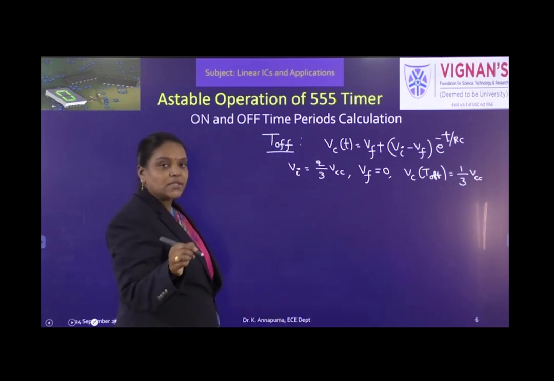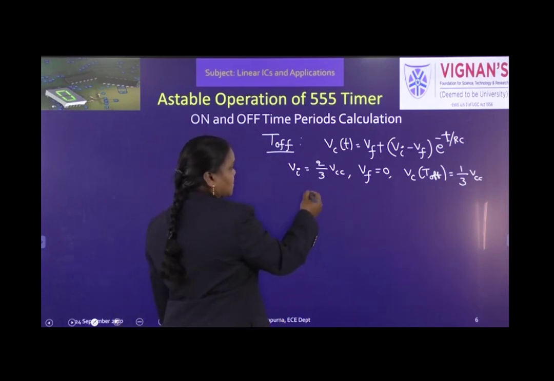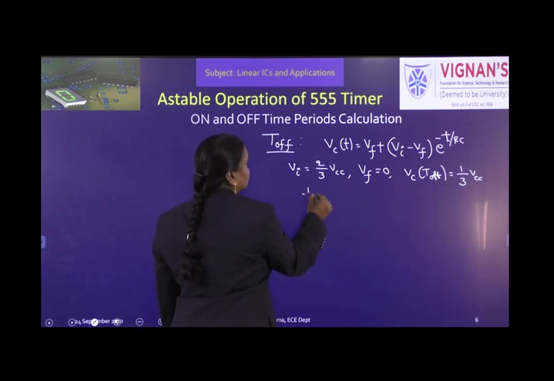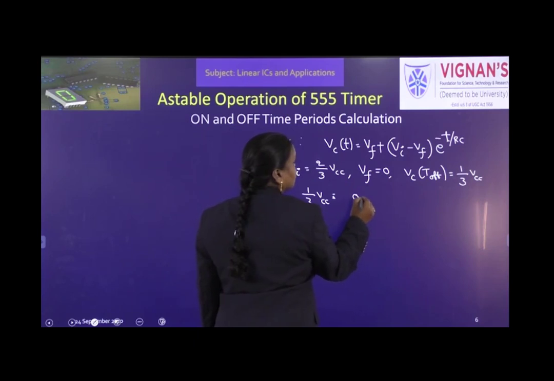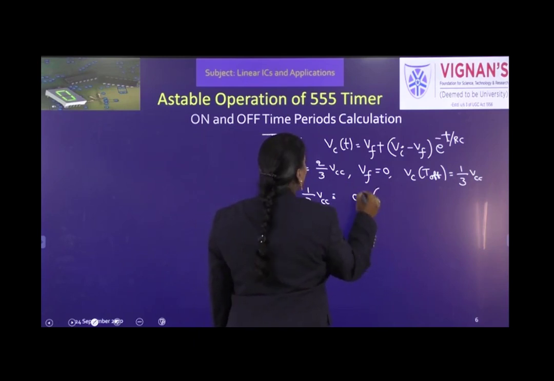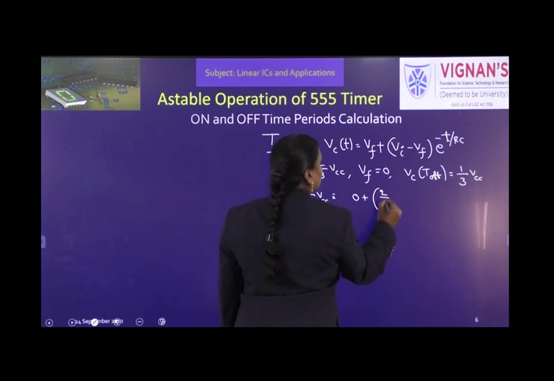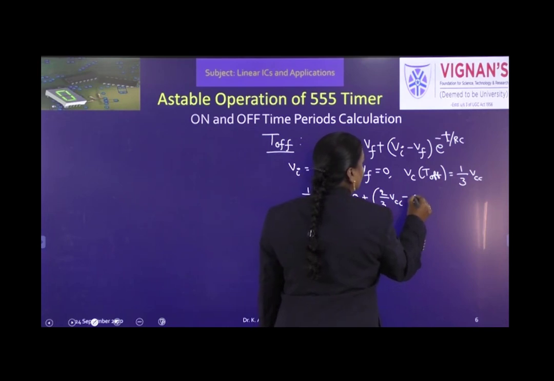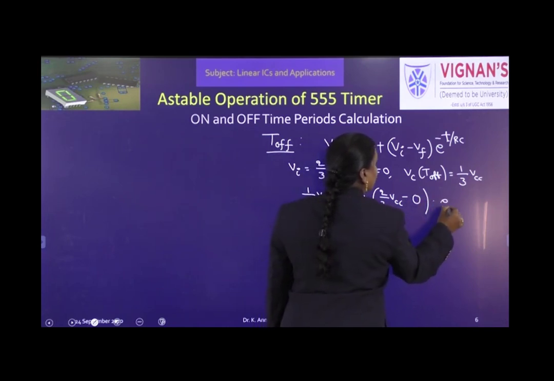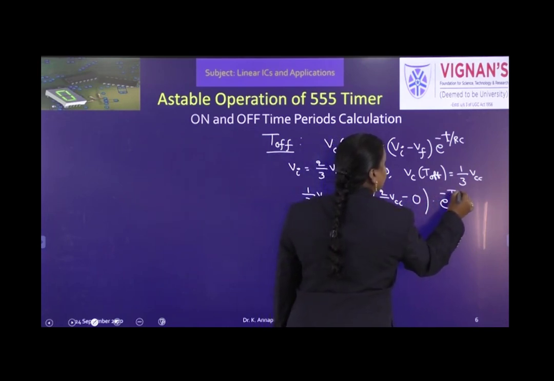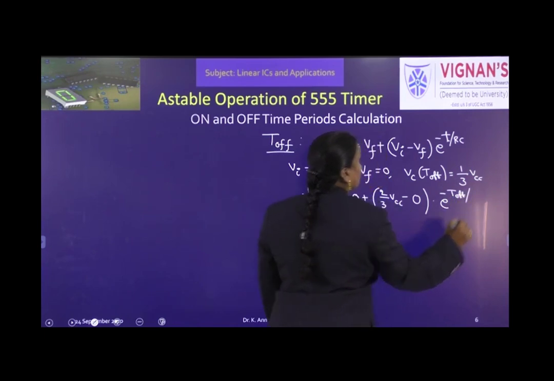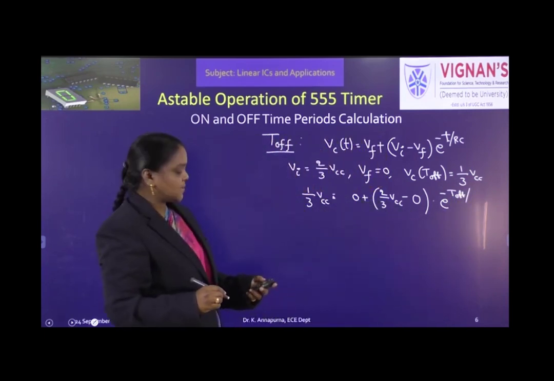So substituting these values, 1/3 VCC is equal to V final is 0 plus initial is 2/3 VCC minus V final is 0 into e power minus T off by, what is the discharging path resistance?